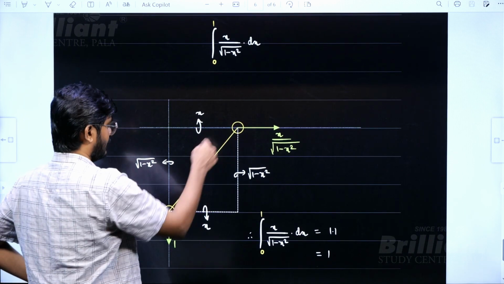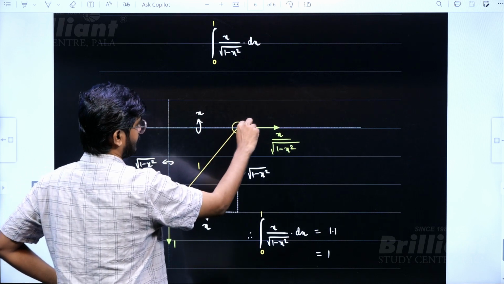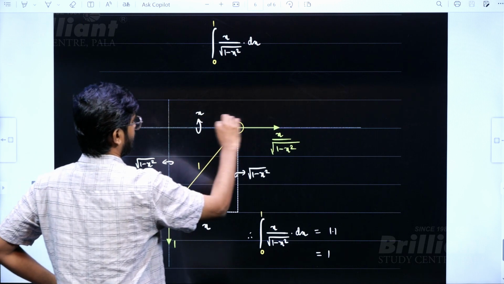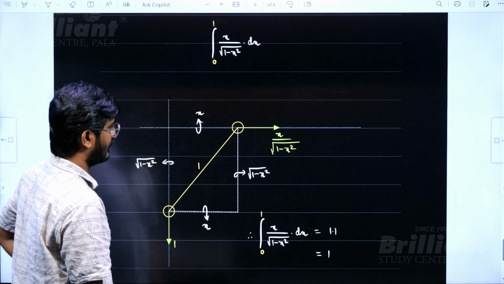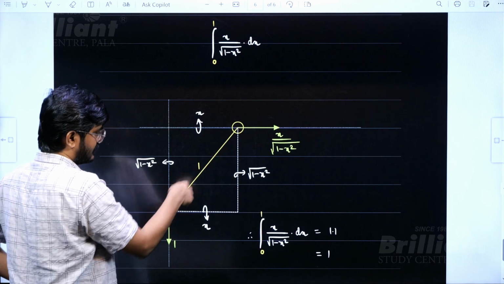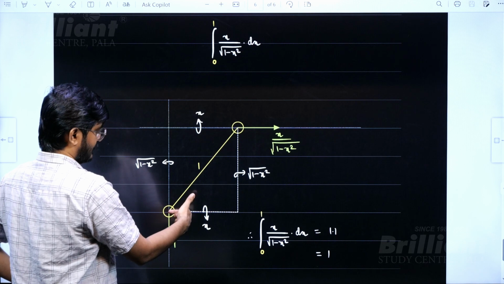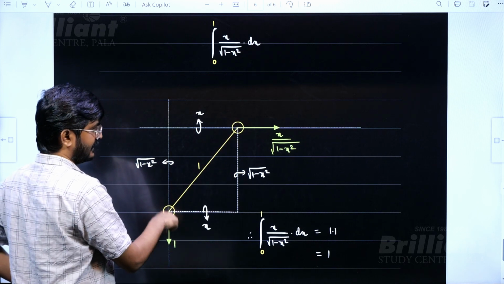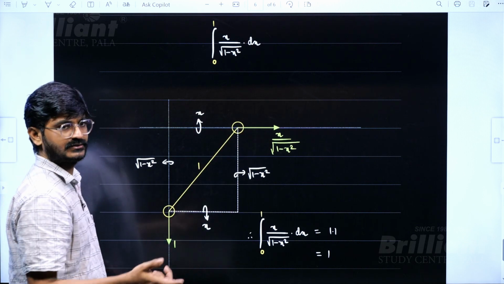There are 2 point masses connected by a string, and they are free to move along this, or they are beads, you can visualize like beads, and they can move along this frictionless rod. So when this is at this particular location where the length of the string is 1, now there will be normal forces like this, and I am applying a force 1 unit here.